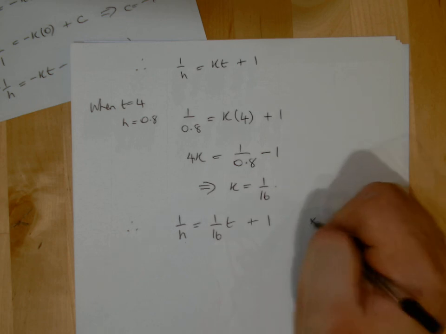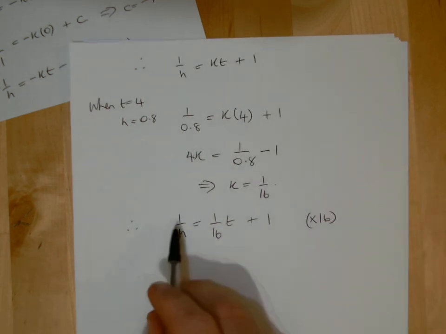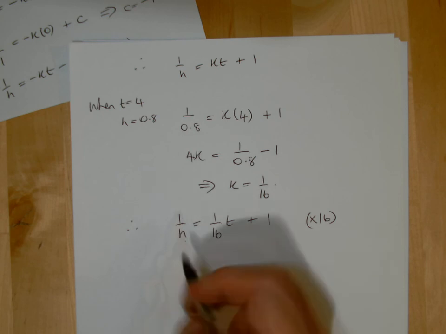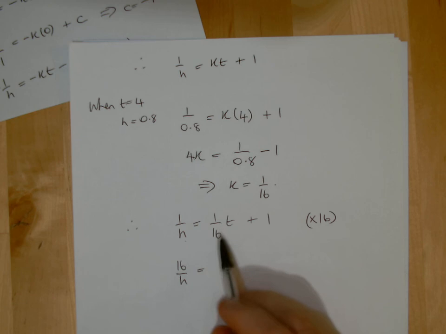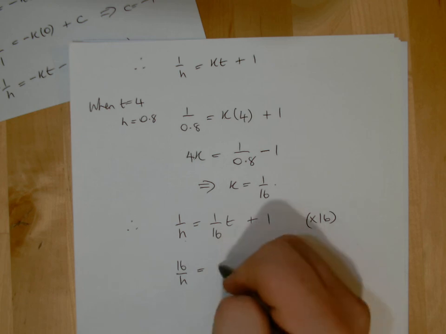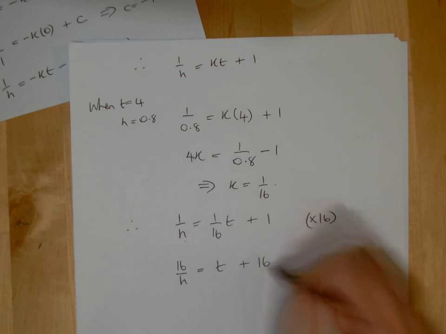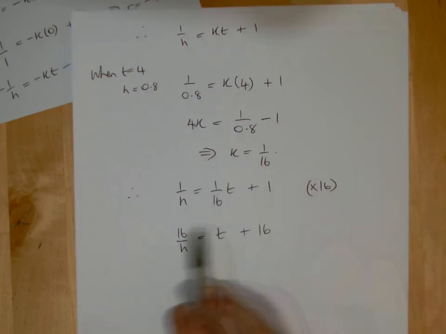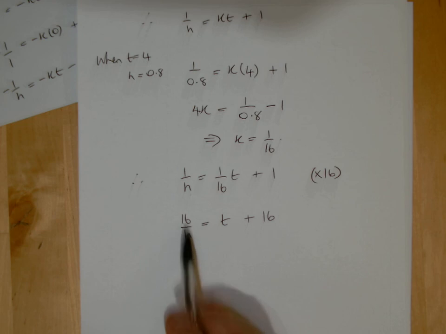So what I'll do is times everything through by 16, so I'll have 16 over h. If I times this by 16, it becomes 1, so 1t, and times that by 16. So I just times through by 16 and I've got that. What's good then is there's no fraction here. What I can do then is flip this.